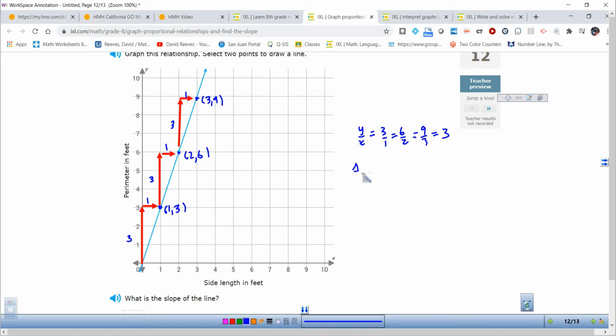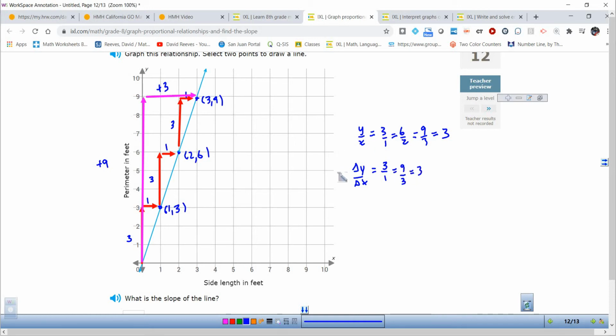And as we saw, the change in y over the change in x, those arrows, was always 3 over 1. I showed you this in the video. Also, you don't have to use 2 points in a row. If I went all the way up and all the way over that way, it would be up 9 and over 3, which also simplifies to 3 over 1.